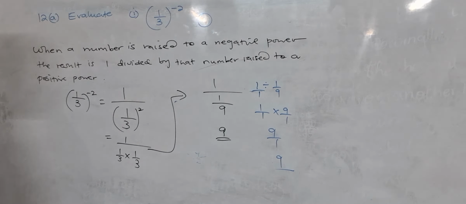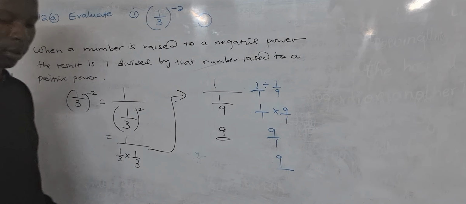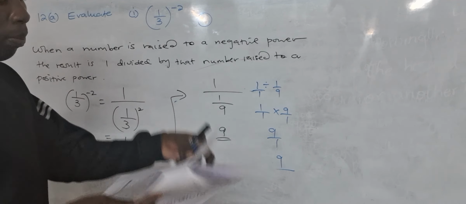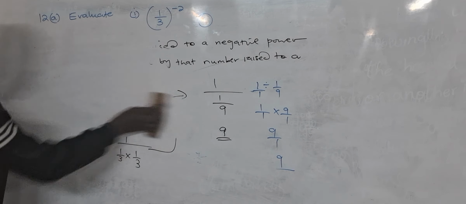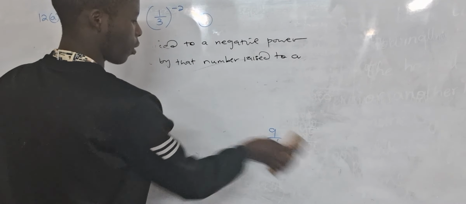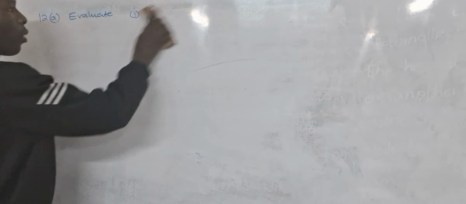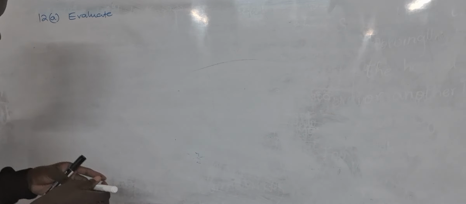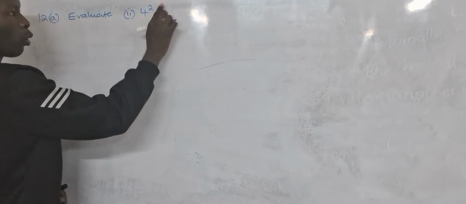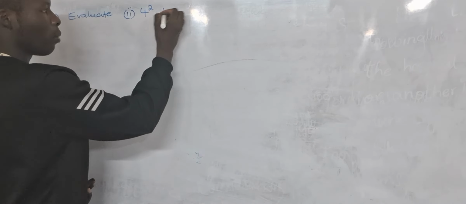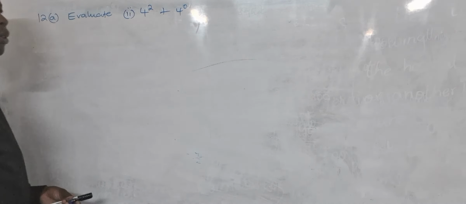So this is the final answer. Let's move on to part number 2. Evaluate part number 2: 4 to the power 2 plus 4 to the power 0.